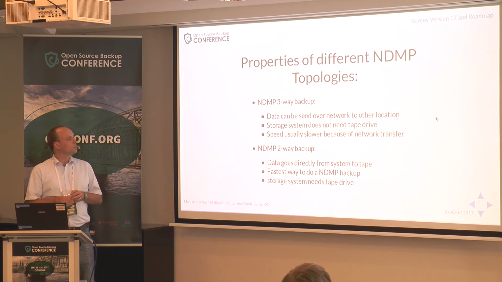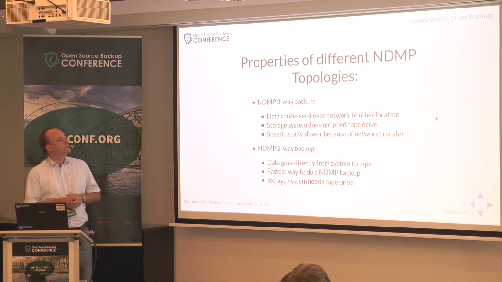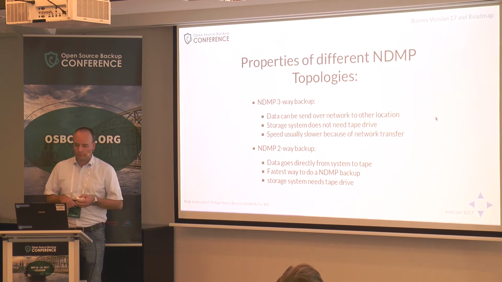Again, a description of what happens. The properties of the different topologies: with the three-way backup, the flexibility is that it's sent over the network, so you can easily send it to a different network location. You don't have to attach a tape drive to the storage system, whereas some vendors like Isilon even need a special device where you can attach the tape drive, so it's not included in your normal Isilon system.